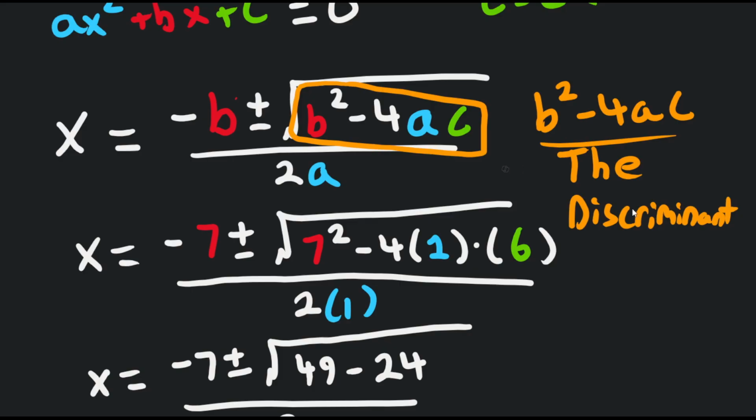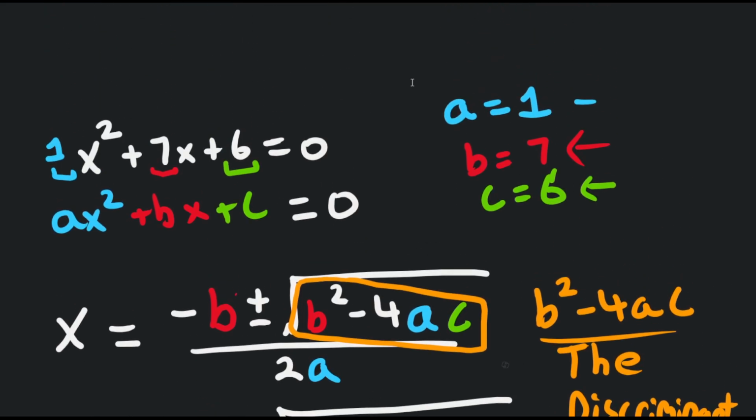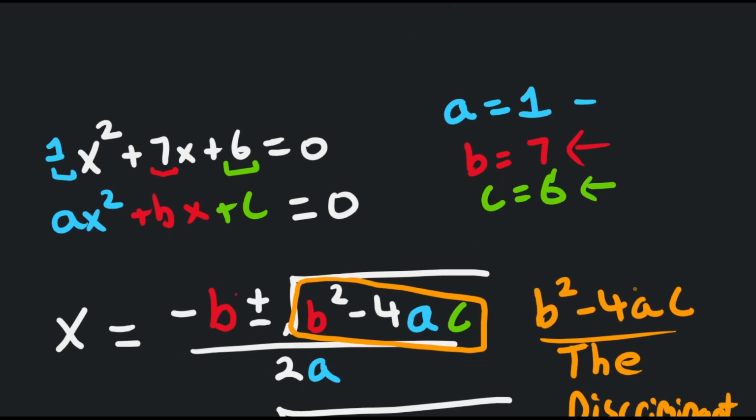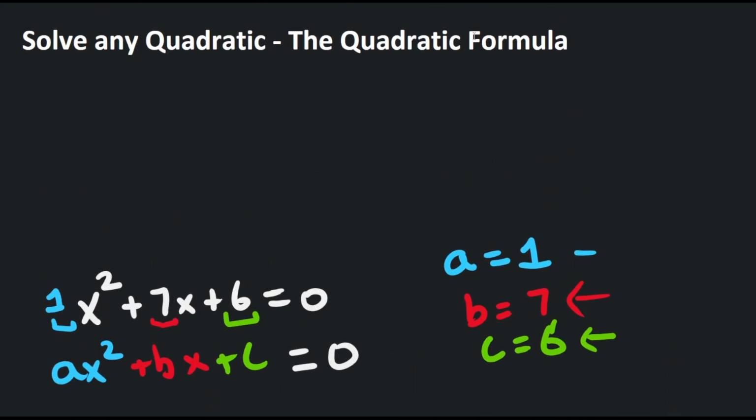So let's go back to this quadratic right here, x squared plus 7x plus 6 equals 0. What's the discriminant of this? We said the discriminant is b squared minus 4ac.